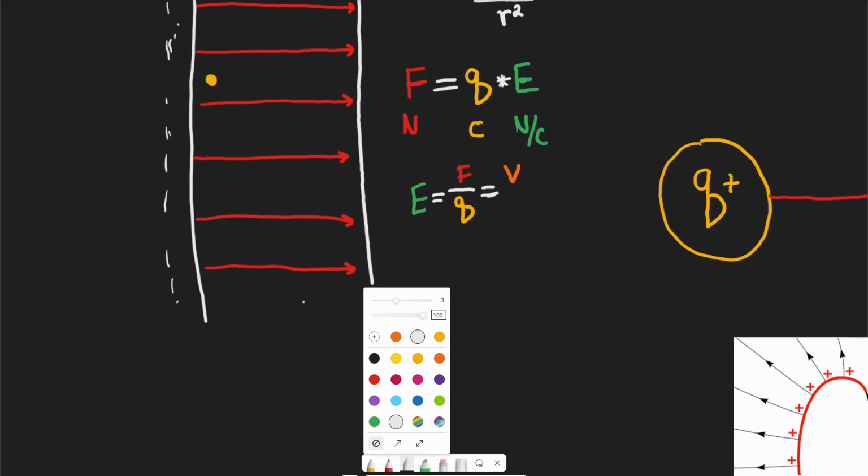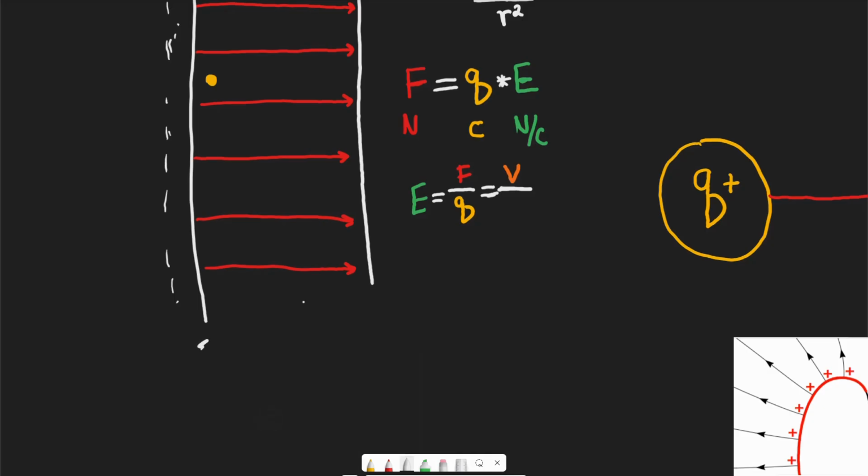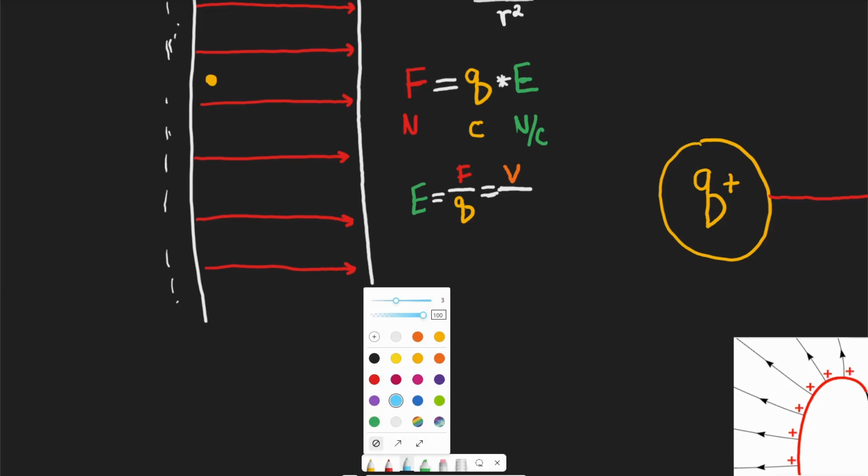And remember, voltage is electric potential, right? The potential difference between the positive and negative plates, right? Or essentially, how badly do the charges want to jump from here to here, right? And that's the voltage divided by the distance between the plates. And so both of these equations are going to be useful for understanding this for the MCAT.